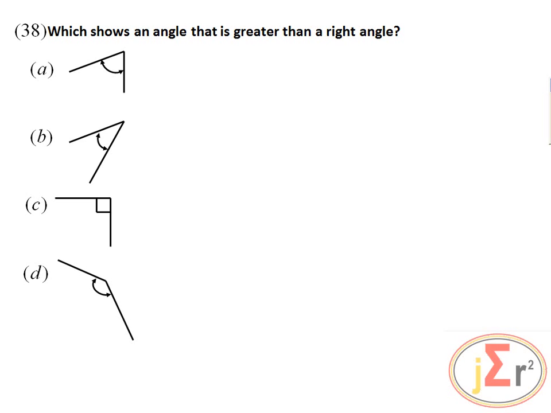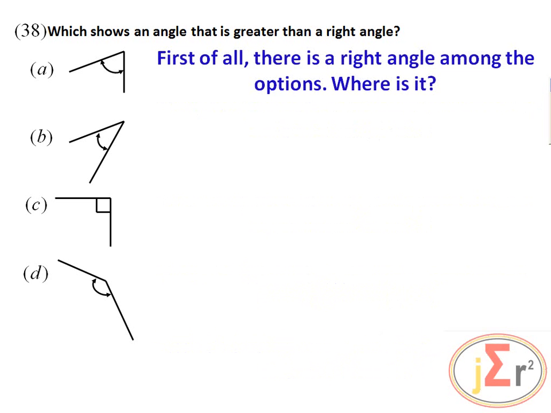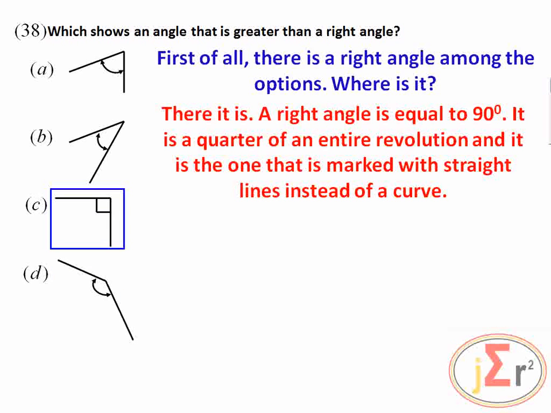But the examiners have made life easy for us by also including a right angle in one of the options. And Jerry said that the right angle is in option C. So first of all, there's a right angle among the options. Where is that right angle? Right at option C. There it is.